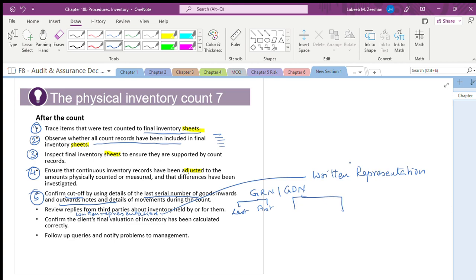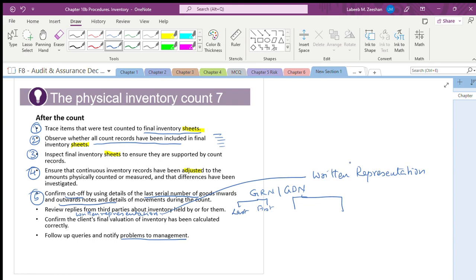Confirm that the client's final evaluation of the inventory has been calculated correctly. That is what we have to confirm. You have to give it in writing, follow up queries and notify problems to the manager. After the count, the most important thing is the documents.